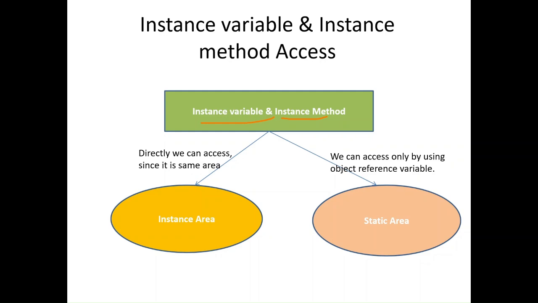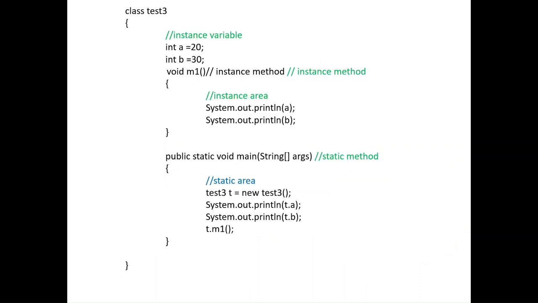But in the static area we can access them only by using an object reference variable. For creating an object, I create a reference variable, and only with that can we access the instance variable or instance method inside the static area. For the instance area, they can be used directly. That is a key thing you should understand.